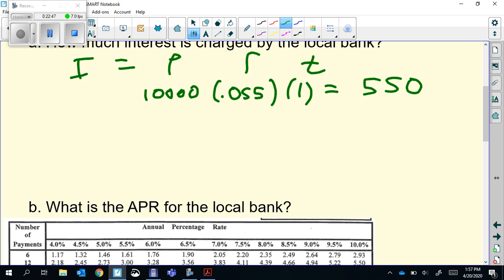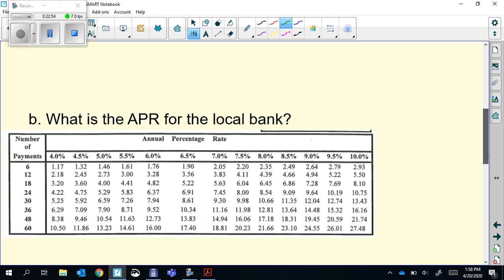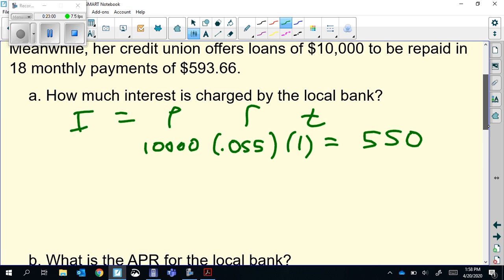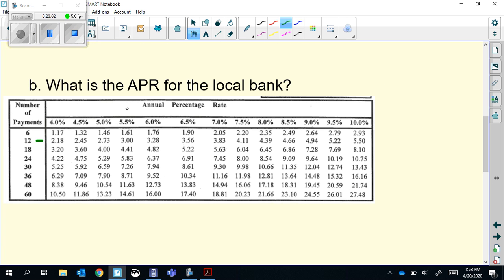What's the APR for the local bank? So remember, we're looking at the chart here. We're looking at 12 months, and what was that, 5.5%. That intersects there at 3.00.